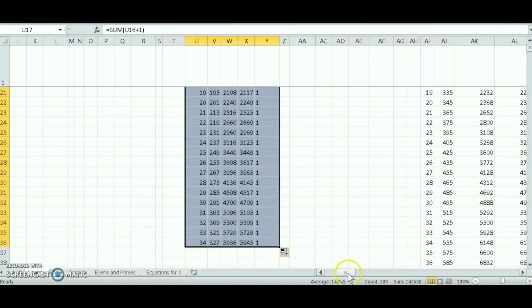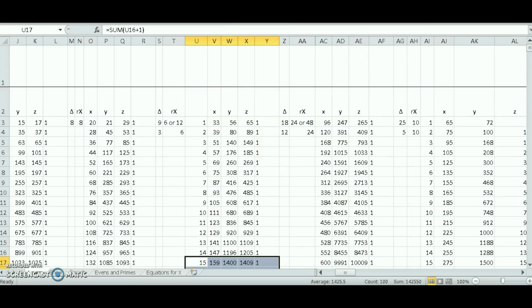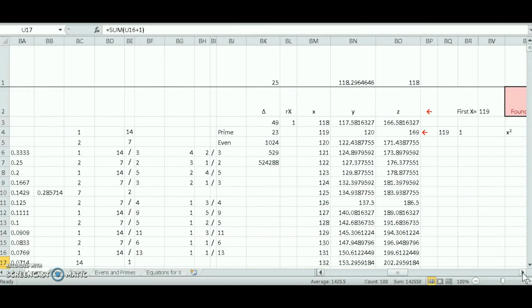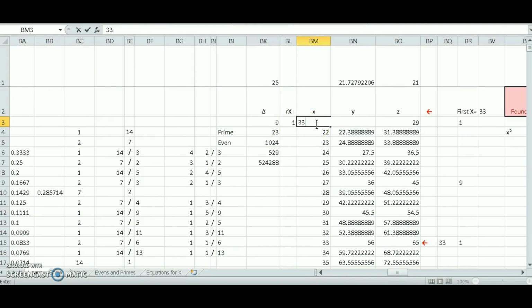And you'll see over here, just to demonstrate that it does not work if you just simply put in 6, I'll come over here and I'll put in 9 for delta. I'll leave the rate of change at 1, and then I'm just going to move this guy to 33 because we already determined that that was the first one.